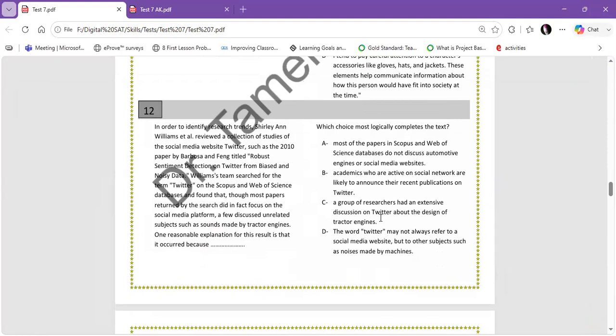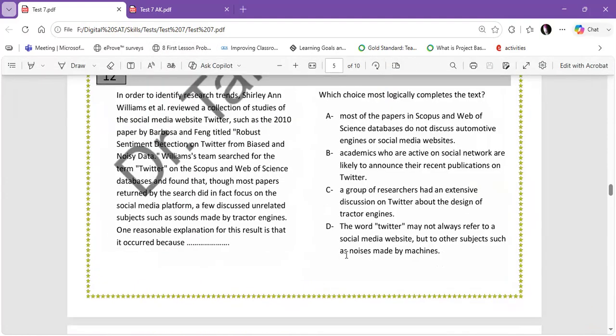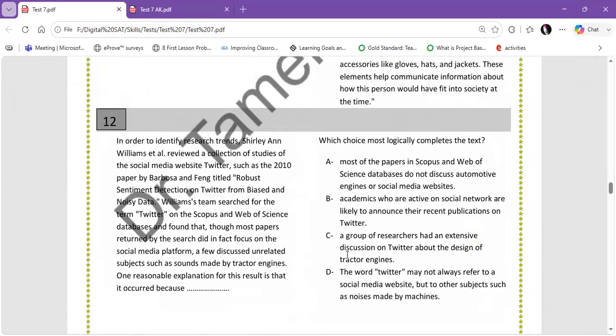Let's go to number 12. Inference question. It depends on the repetition of the information.